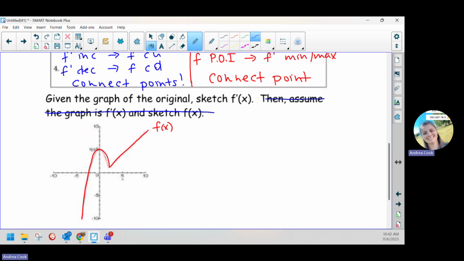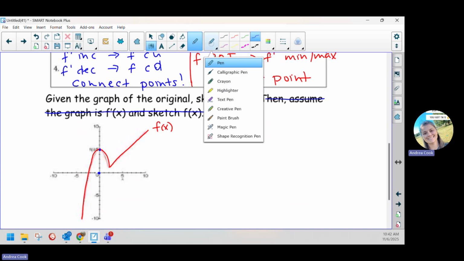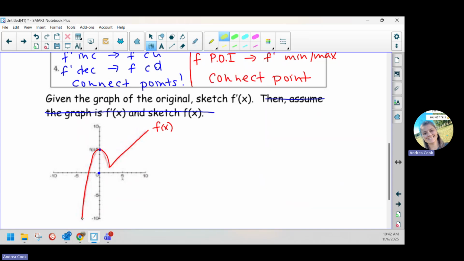Okay, so I'm going to kind of look at this in intervals here. So from right there, I have a horizontal tangent. So that's going to become an x-intercept. Okay, so then I'm going to look at this portion of the graph right here. And in that portion of that graph, the function is increasing.